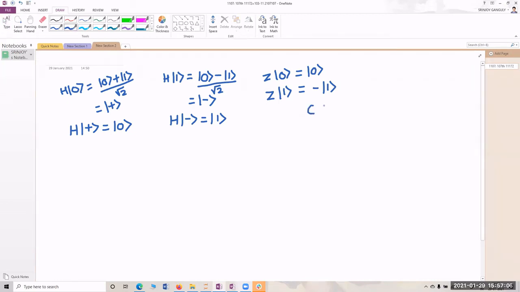So for the CX gate, let me draw it here also so that you can appreciate this in a better manner. If you have these qubits and if you initialize them with 0 0, for example, let's suppose that this is the first qubit.